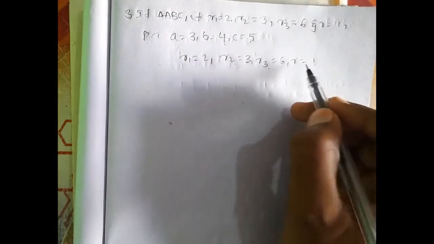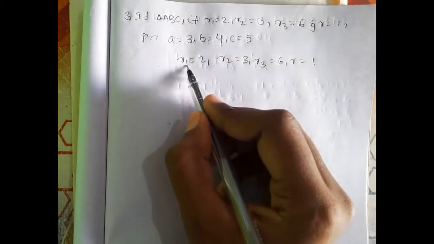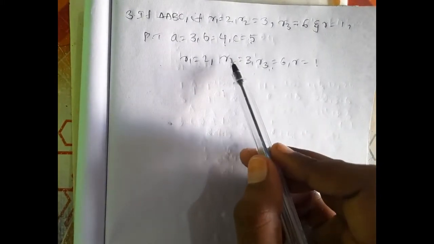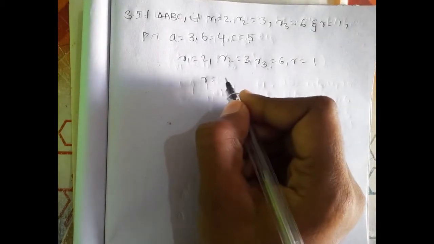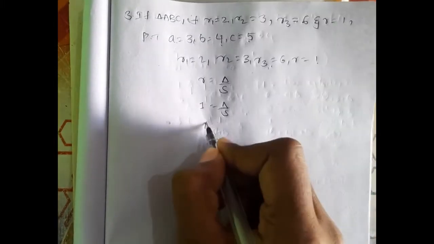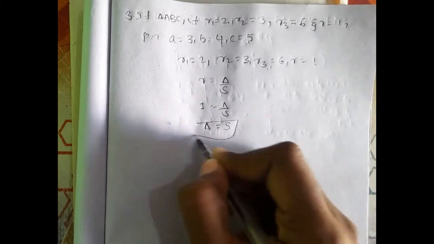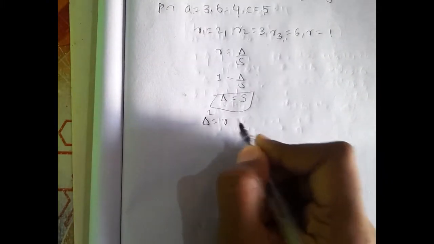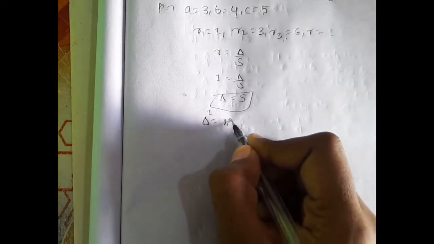Okay, so first in the formulas of R1, R2 and R3 we also have delta and S, but we don't have the values of delta and S. So from this we can find delta, because in the formula of R we have delta by S, and here R is equal to 1, so delta by S equals 1. Then delta equals S. Okay, and we also know a formula, delta square equals R into R1 into R2 into R3.